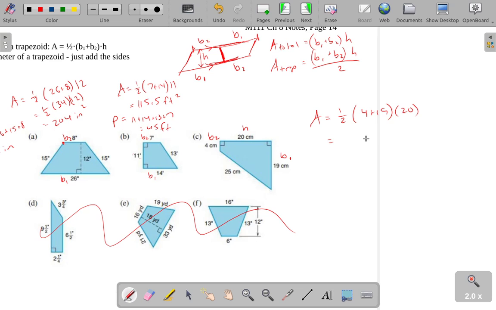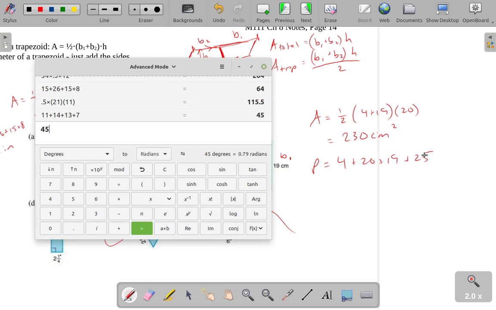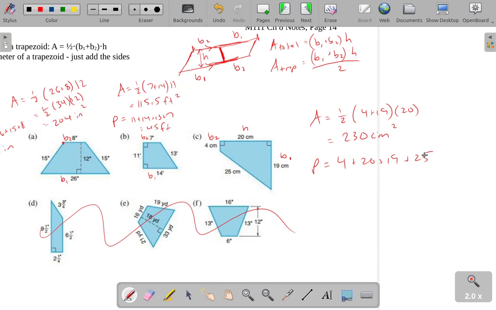It's going to be 10 times 23, which is 230. They're all in centimeters, so that's 230 square centimeters, and my perimeter is the sum of all of them, 4 plus 20 plus 19 plus 25, which gives me 68 centimeters.